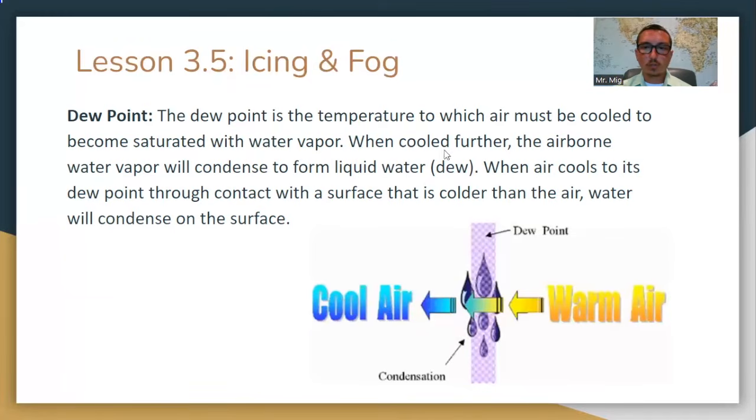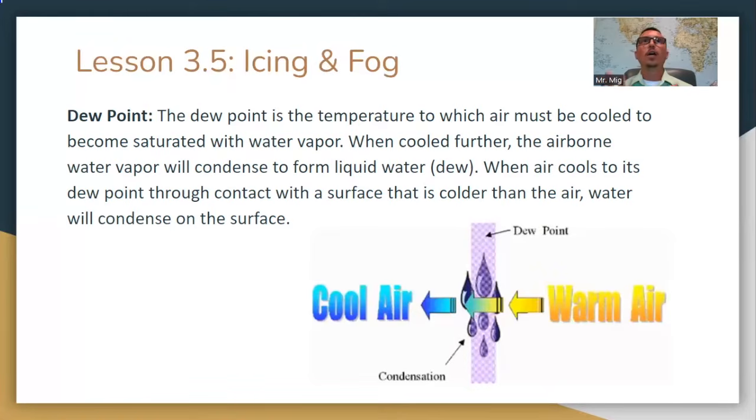When cooled further, the airborne water vapor will condense and form liquid water. That's when you start seeing dew. What happens here is when air cools to its dew point through contact with a surface that is cooler than the air, the water will condense on the surface.